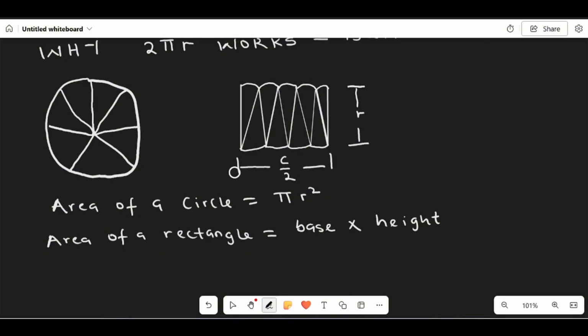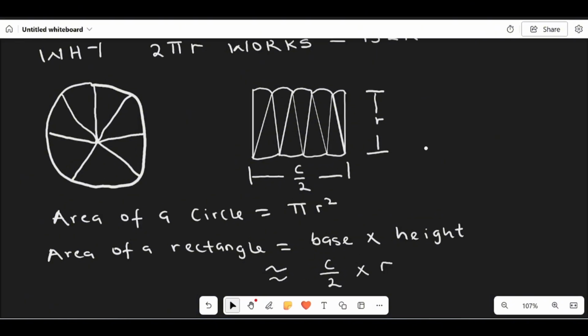The base of our rectangle is C/2 and the height is r. So the area of our rectangle is approximately C/2 multiplied by r.